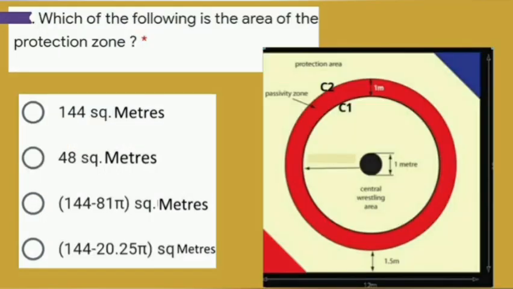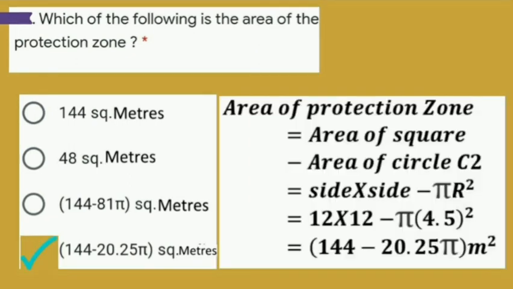Now let's move on to the next one, which says which of the following is the area of the protection zone. As given in the description of the wrestling mat, the area beyond the passivity zone, which is a part of the square, is the protection zone. So to calculate that area, we should know the total area of the wrestling mat, and from that we will be subtracting the area of circle C2 to get the protection zone.